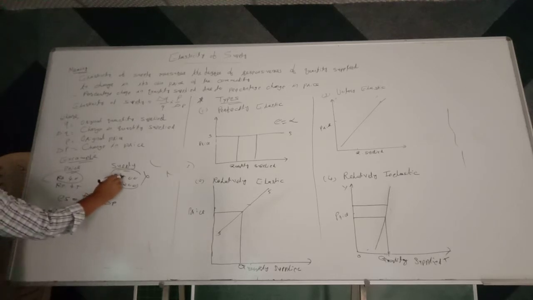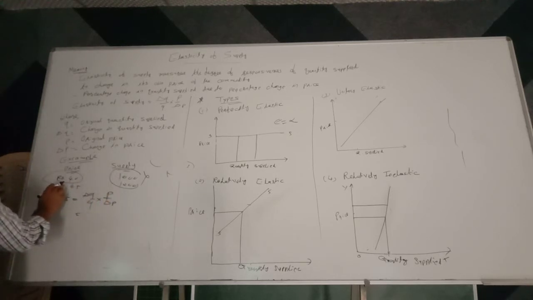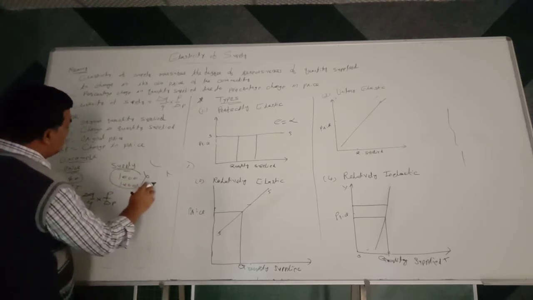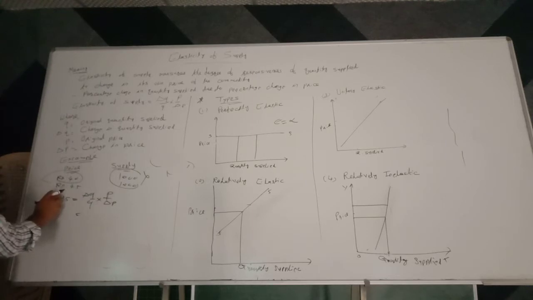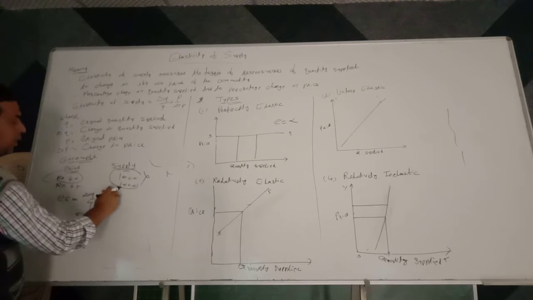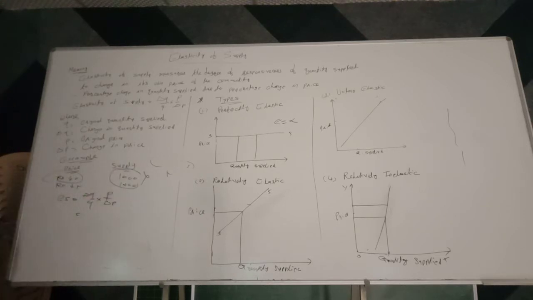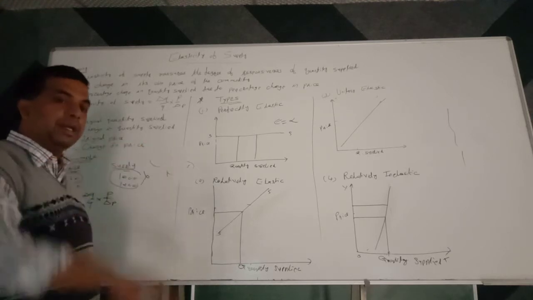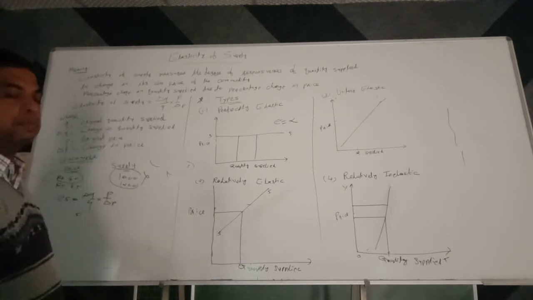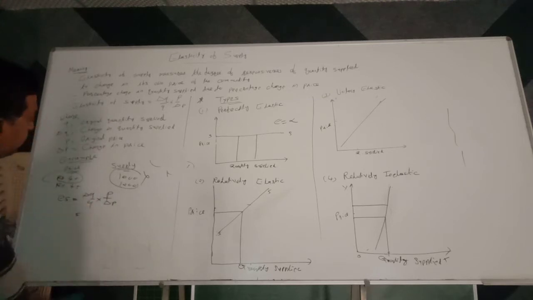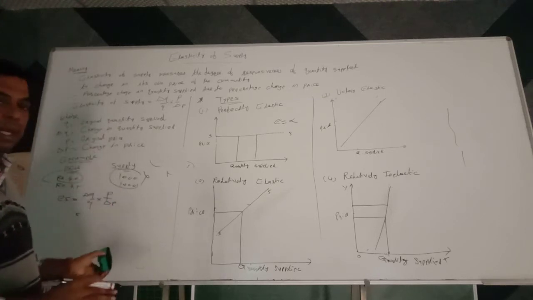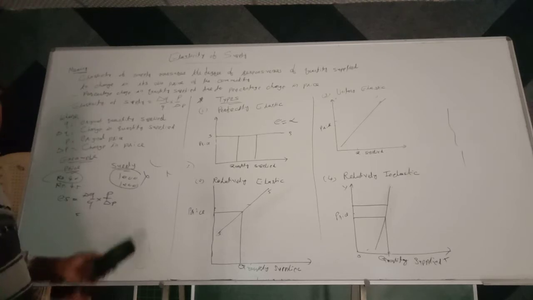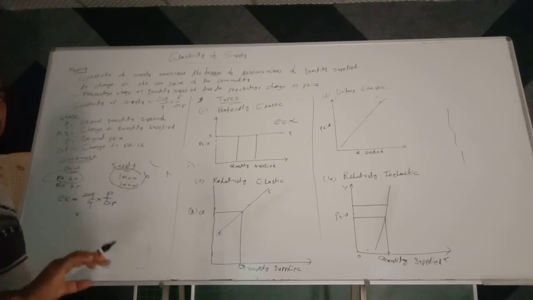This is the example. Suppose the market price of a commodity is rupees 40, and 1000 units of X commodity are supplied. Suppose market price increases from 40 to 45, and supply of the commodity also increases from 1000 units to 1200 units. तो हमें ये एग्जांपल से पता चलता है कि मार्केट प्राइस बढ़ने से क्वांटिटी सप्लाइड इंक्रीज हुई. मगर when we use this elasticity formula, we will come to know the percentage or proportionate change.